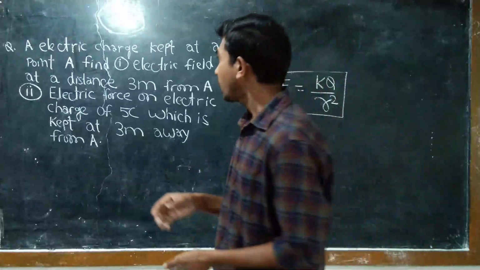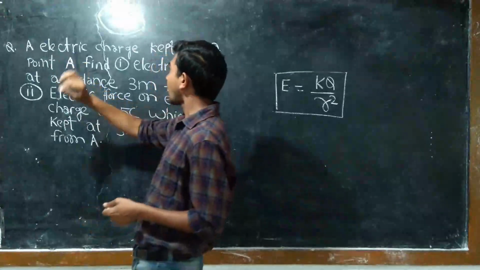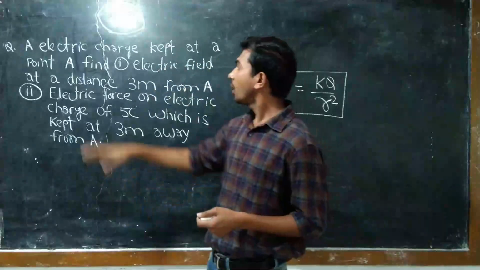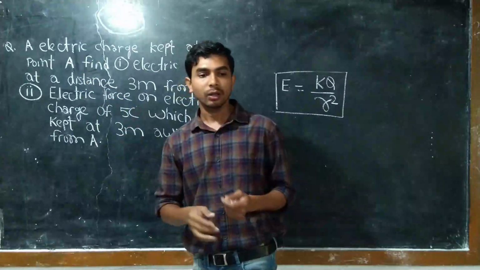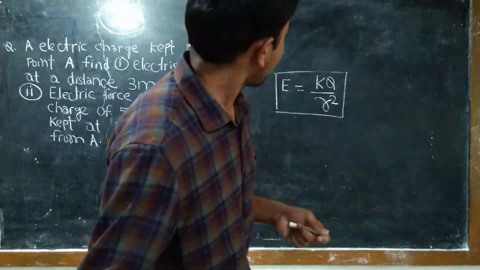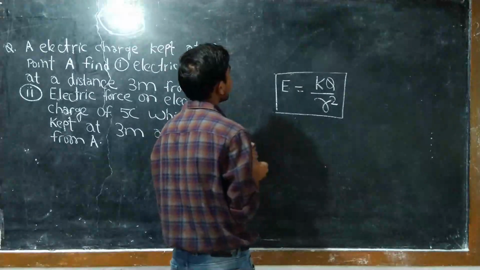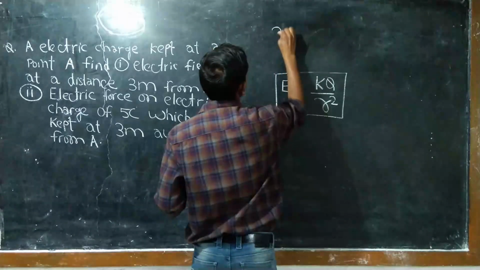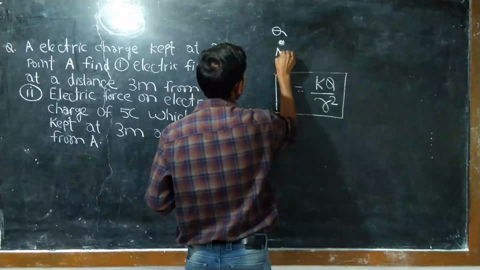As you see, I have already written the question on the blackboard. So what is the question? An electric charge is kept at a point A. Suppose this is your point A, and I kept a charge Q at this point.